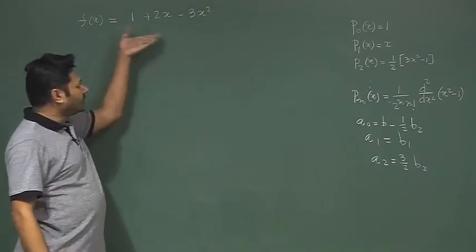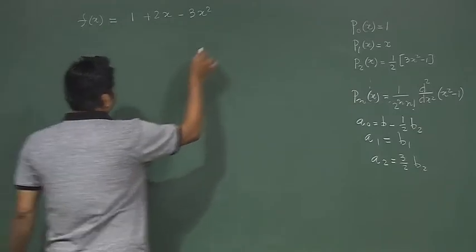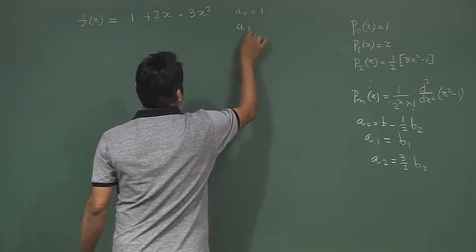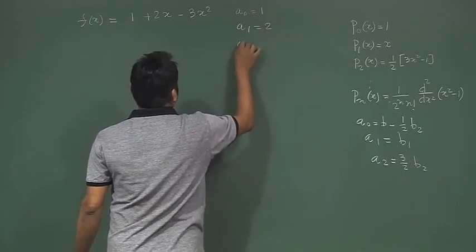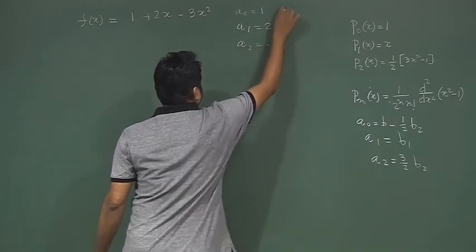If a polynomial is given to me, now we are asked to find out. So, what is my a0 here? 1. What is my a1 here? 2. What is my a2 here? Minus 3.